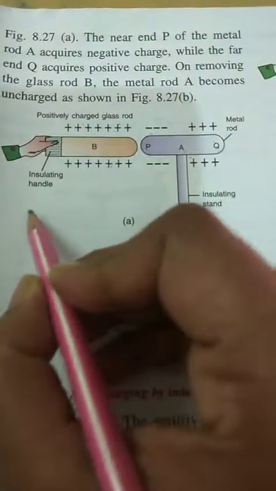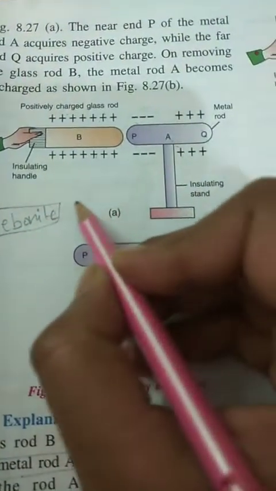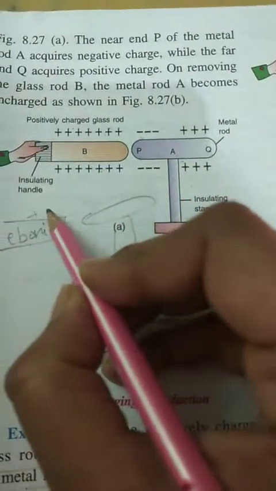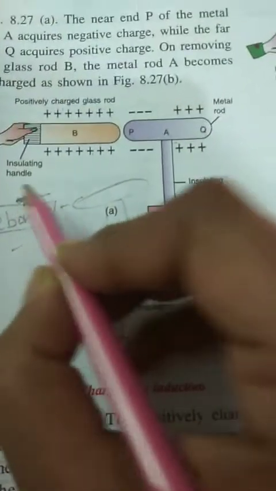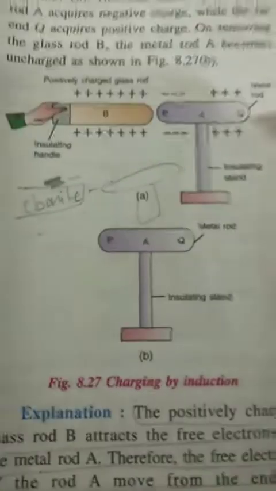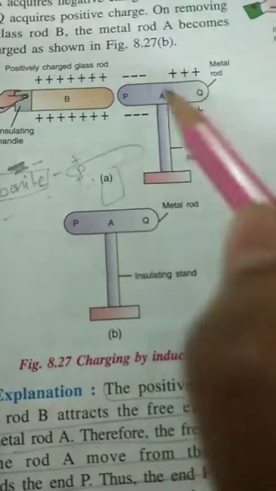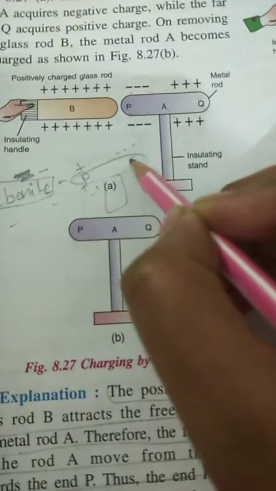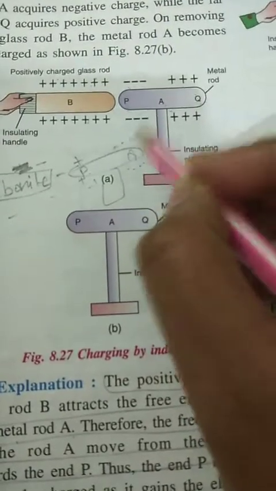If you bring the negatively charged ebonite rod close to this metal rod, in the process of induction you will see positive charges acquired at the corner of point P, and on the back side negative charges will be seen.